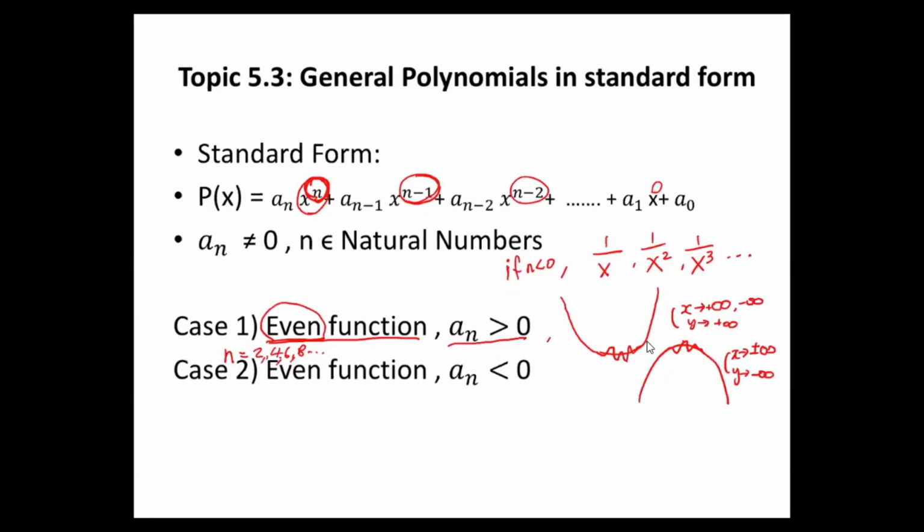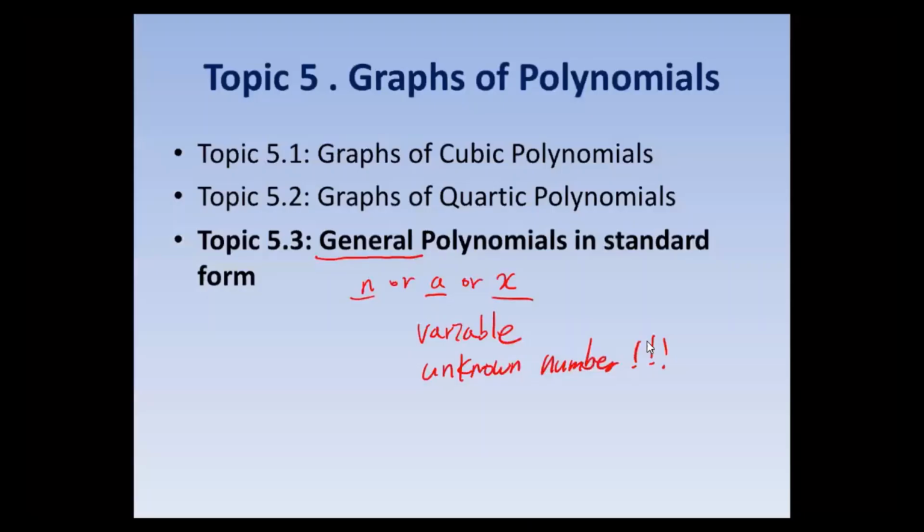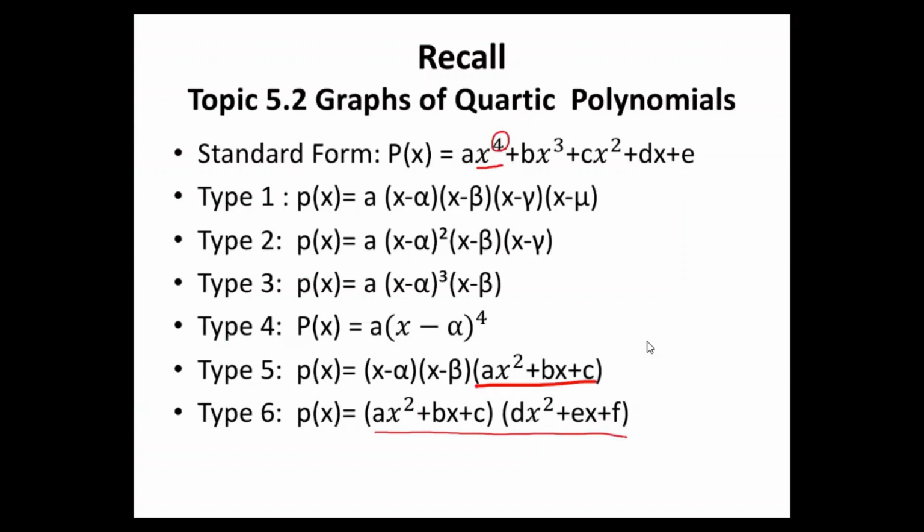So generally, it goes in the same direction. It's either go up or down in even functions. However, let me ask you, the quartic function that we learned, is it an even function or odd function? Even, right? Because it's either going up, quartic function right here. So quartic has 4, so it's always gonna go this way or that way, just in general.